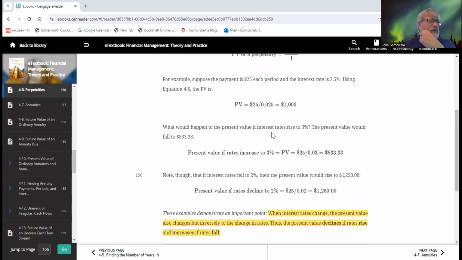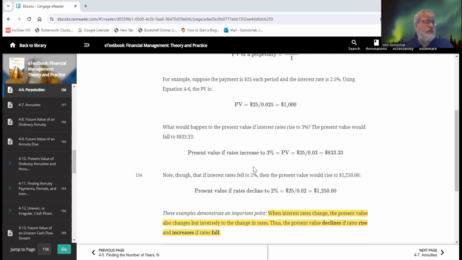So what would happen to the present value if interest rates were 3%? Now it's $25 over 0.03, which would give us a present value of $833. Because the interest rate went up, the value of our instrument dropped. Okay, it's an inverse relationship.